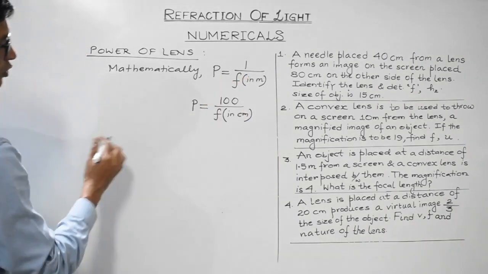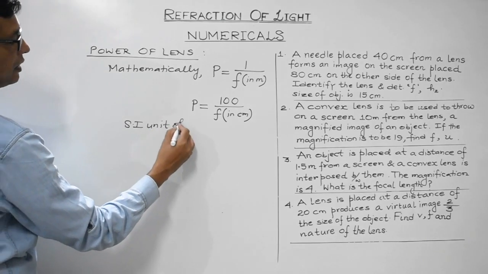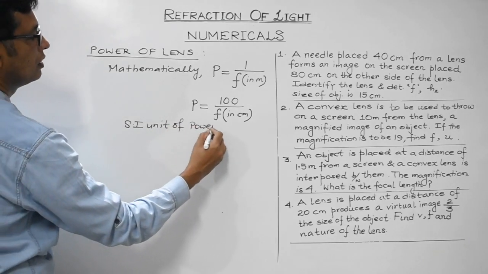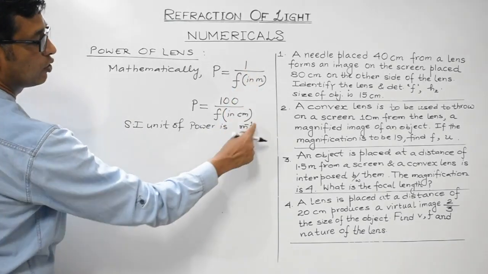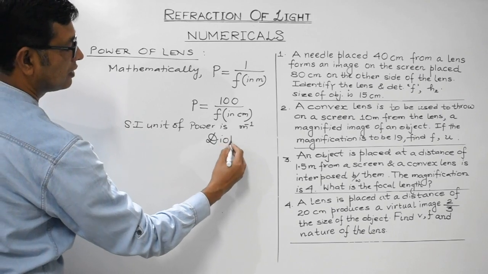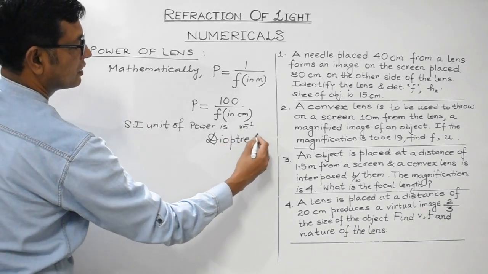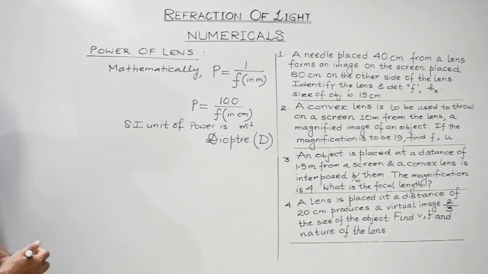So the SI unit of power is meter inverse, the reciprocal of meter. It is also known as diopter, represented by capital letter D.